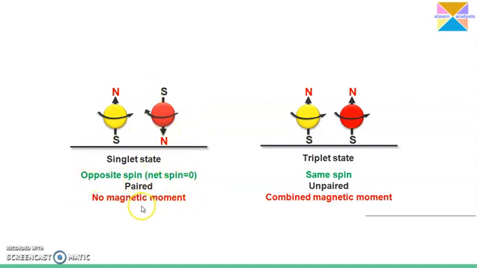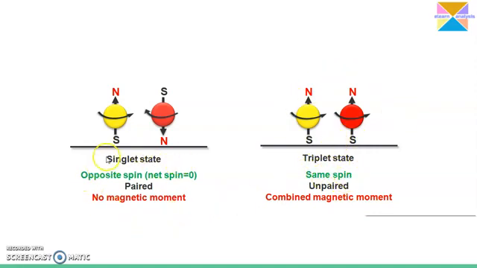In the triplet state, if you can see, the orientation of the two electrons is in the same direction, and the spin is also in the same direction. Because of this same orientation and spin, there is a combined magnetic moment. The magnetic moment of one electron gets added to the other, so there is a net magnetic moment observed. That is because of the same spin of these two electrons.